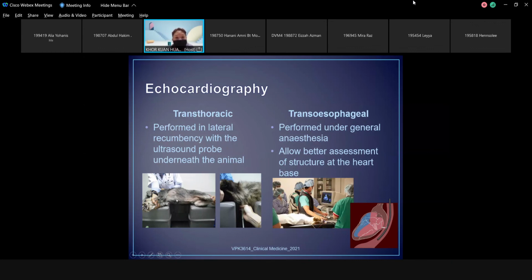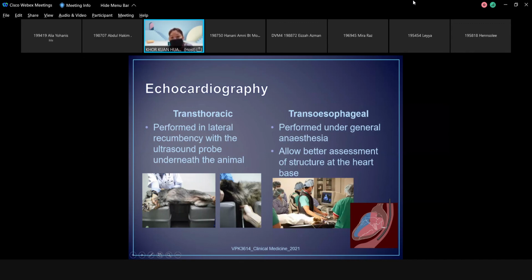Transthoracic means you put the animal in lateral recumbency and you put a probe and introduce it underneath, and that's where the heart lies. Transesophageal means you have to perform it under GA, and it will allow a better assessment of the structure of the heart base actually. The heart base can be assessed in transthoracic too, but maybe this will be better. But again, this one has to be done under GA.